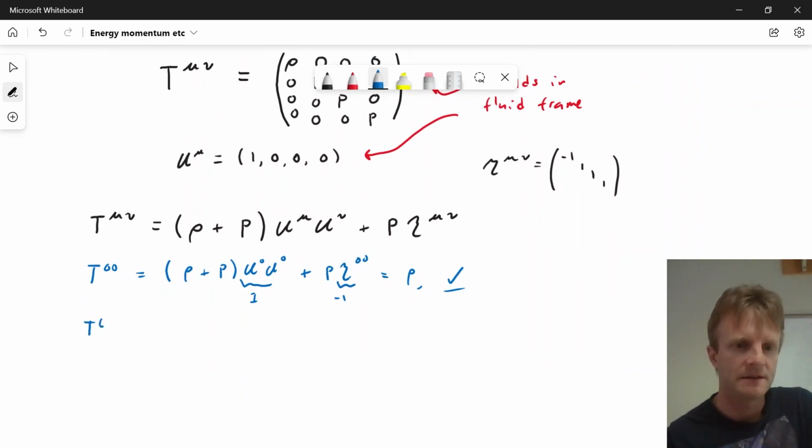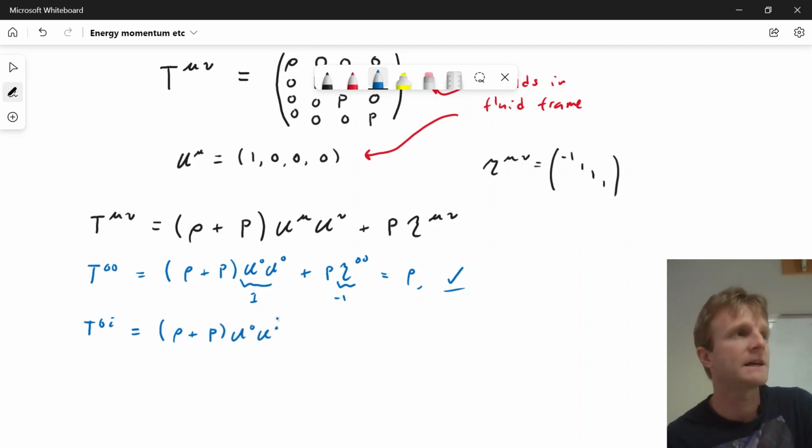And let's keep going. T^0i, that's going to be (rho plus P) u^0 u^i, but u^i is 0. So this whole thing is gone, plus P eta^0i, this thing is also 0.